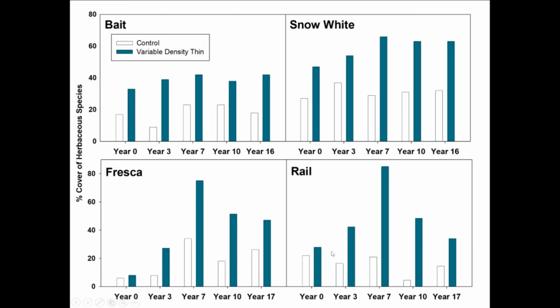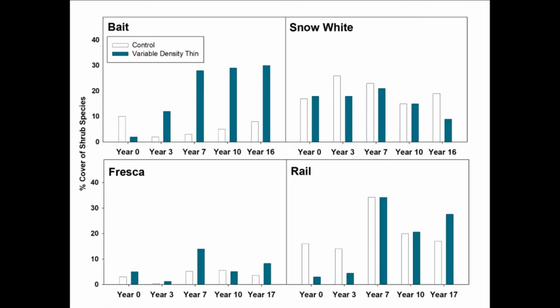And we can look at the total cover on the whole plot at the beginning, and then year 3, 7, 10, and 16. So you can see that there's an increase in the cover of herbaceous species at all time periods, but in some cases it's fairly small. But over time, it can increase and then decline again, depending on what's happening with the overstory.